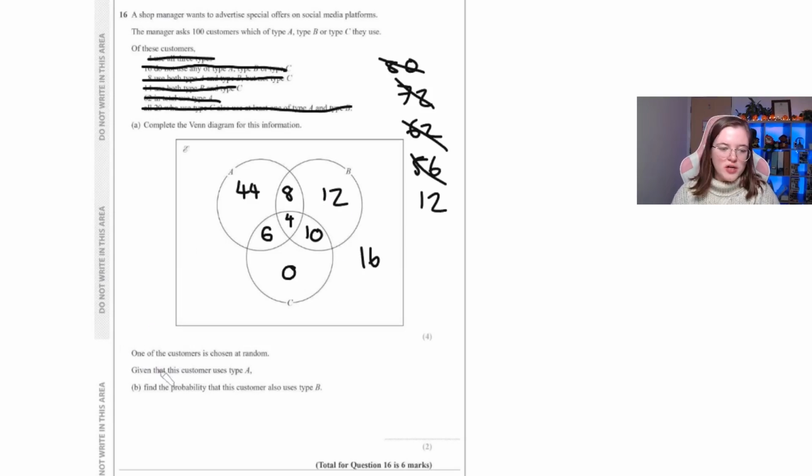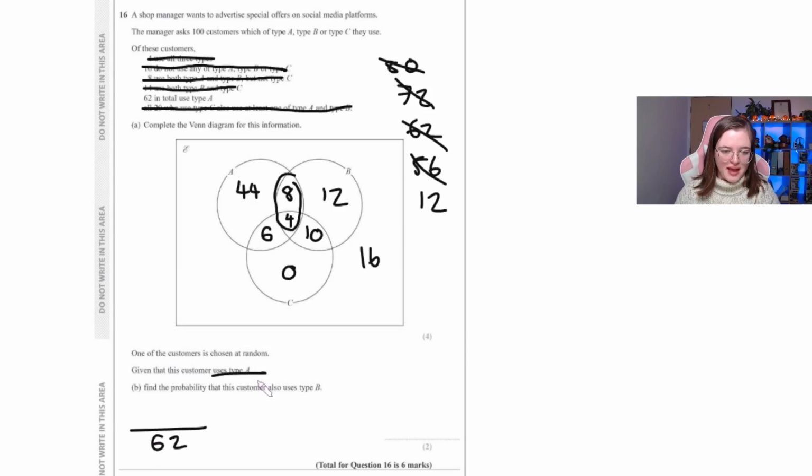And then one of the customers is chosen at random. Given that this customer uses type A, find the probability that this customer also uses type B. So that is going to be these people here, right? Because 8 use B and A, but not C, and 4 use all 3 of them, right? So people that use type A, if I get rid of the line where I crossed it out, that is 62 on the bottom.